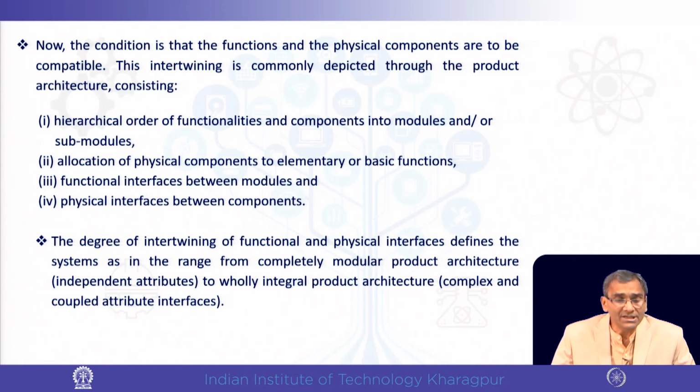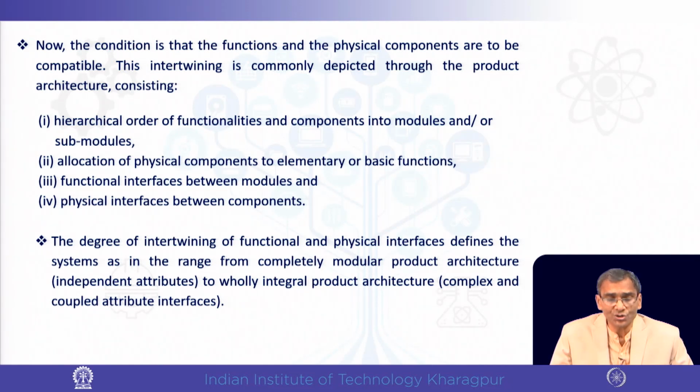This intertwining is commonly depicted through the product architecture, that architecture we were talking about a little while ago, consisting of a hierarchical order of functionalities and components into modules and or sub-modules. So, a basic architecture, say a car, has its engine, its transmission system, its electrical system, its steering system, and so on and so forth.